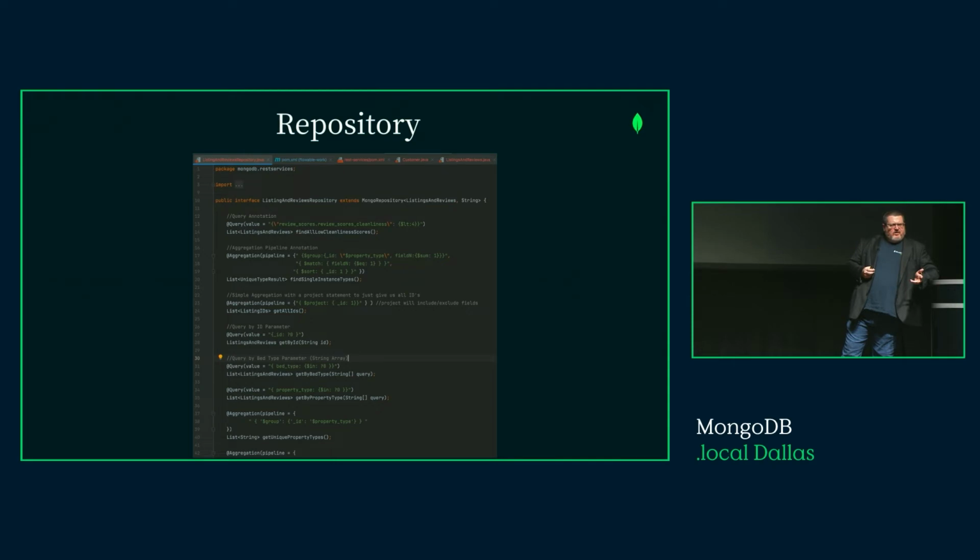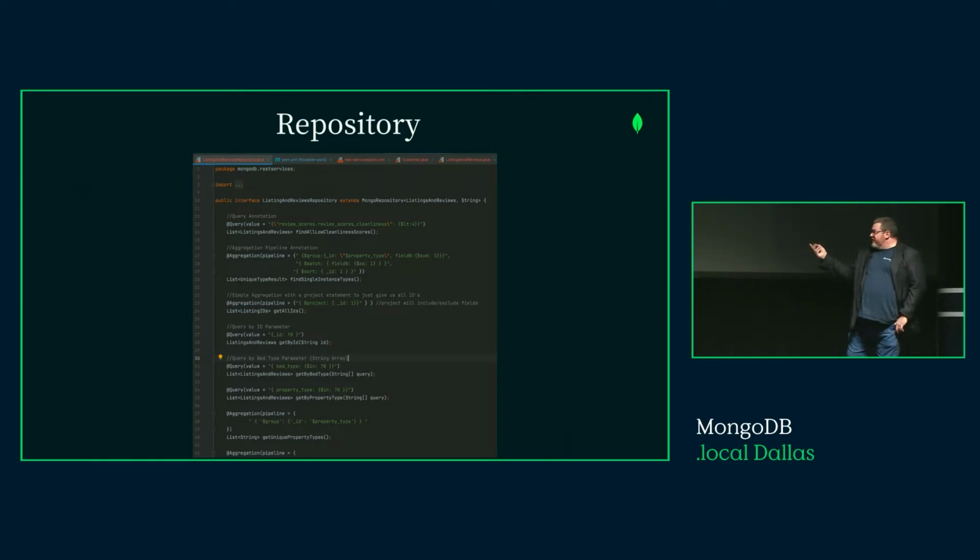You may use repositories or templates, very cool, because it gives us most of our CRUD operations, inserts, updates, deletes, things like that. One thing I will say is we kind of prefer templates over repositories because templates give you a little bit more flexibility. It also gives you things like insert many and update many and delete many, whereas a repository typically will give you just insert, update, deletes.